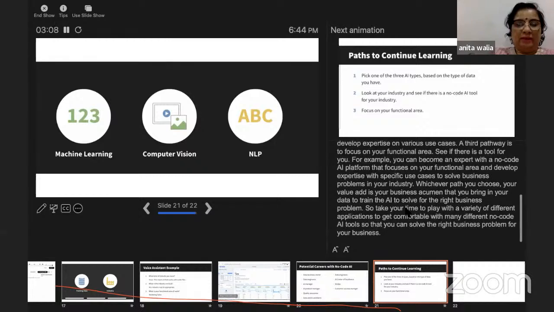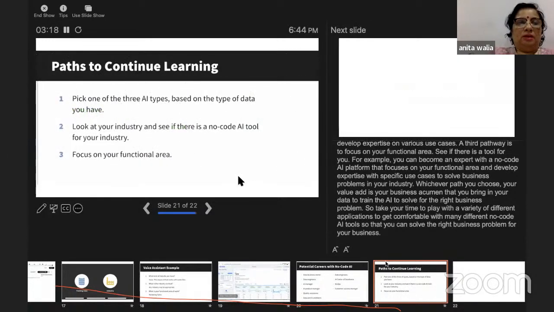Not necessarily only that. As you are learning coding also, I will tell you to try to also learn this, because this is going to help you in understanding the real business problem and how to solve that business problem with no code AI, which can become a prototype and then you develop a code for it.